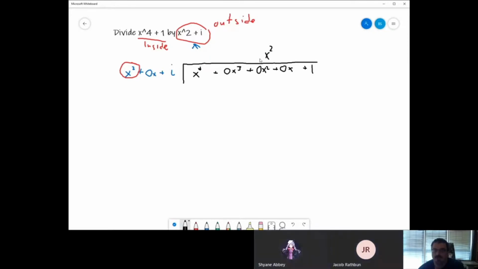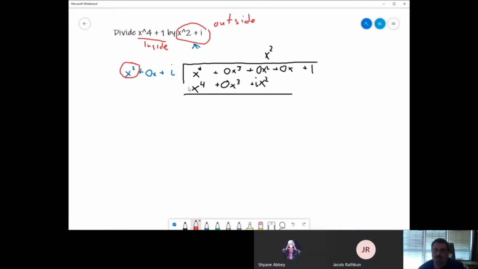They're going to multiply. x squared times 0 x squared is x to the 4th. x squared times 0x is 0 x cubed. x squared times i is positive i x squared.